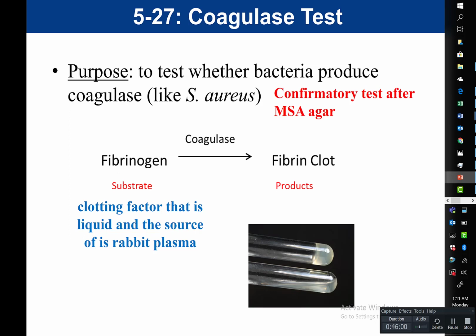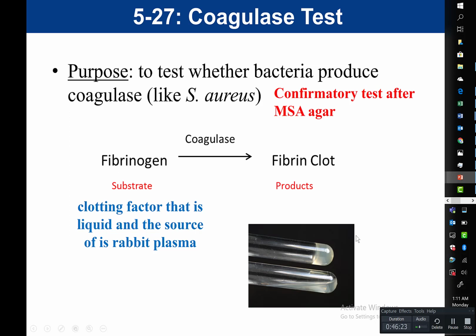In that liquid component are the clotting factors that allow a blood clot to form. And so our fibrinogen is going to be our substrate.